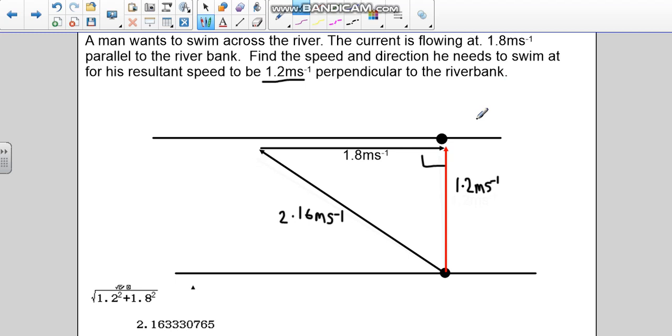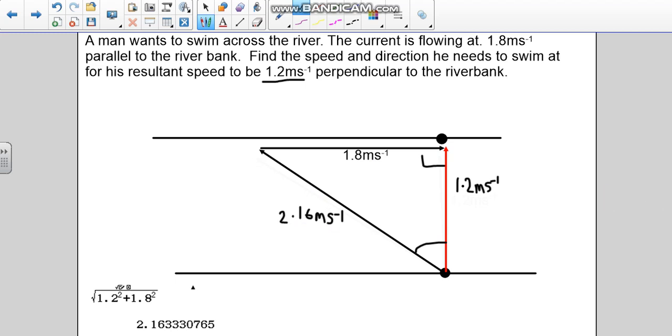which angle we calculate. I'm going to start by looking for this one because it's within the triangle, but then I might describe this angle in terms of him swimming at this angle from the bank. Let's have a look at this angle. I'm going to use the two bits of information I was given in the question, 1.2 and 1.8, rather than the one I've calculated, because I know that's rounded.